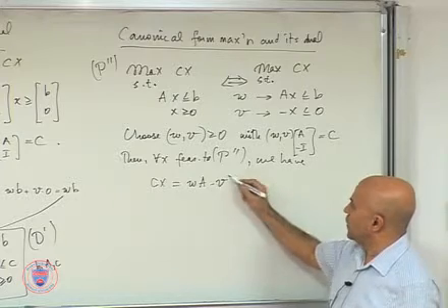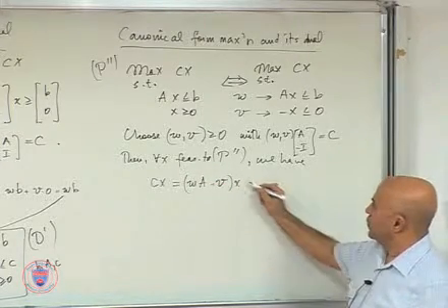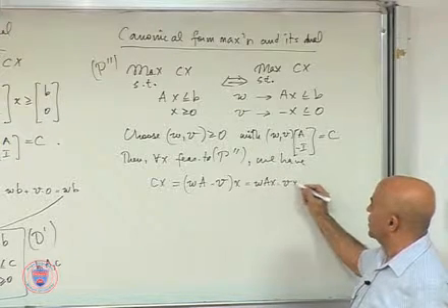C is this much now, which gives you WAx minus Vx.